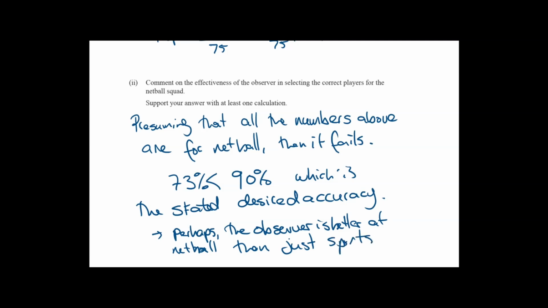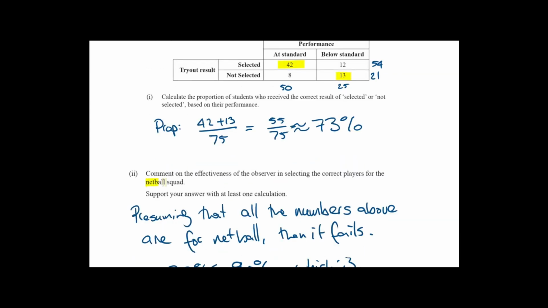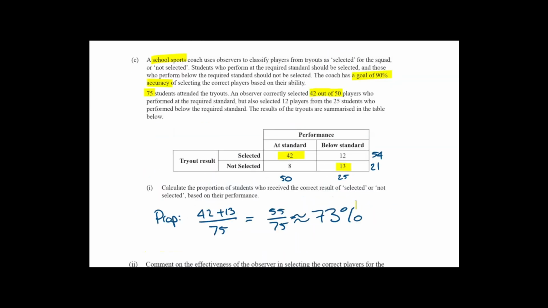It'd be interesting to have a look at the criteria there, whether that's a deliberate change. They just mentioned sports coach, and here they mention netball squad. Different wording. Okay. Oh, and that's the end of the exam.